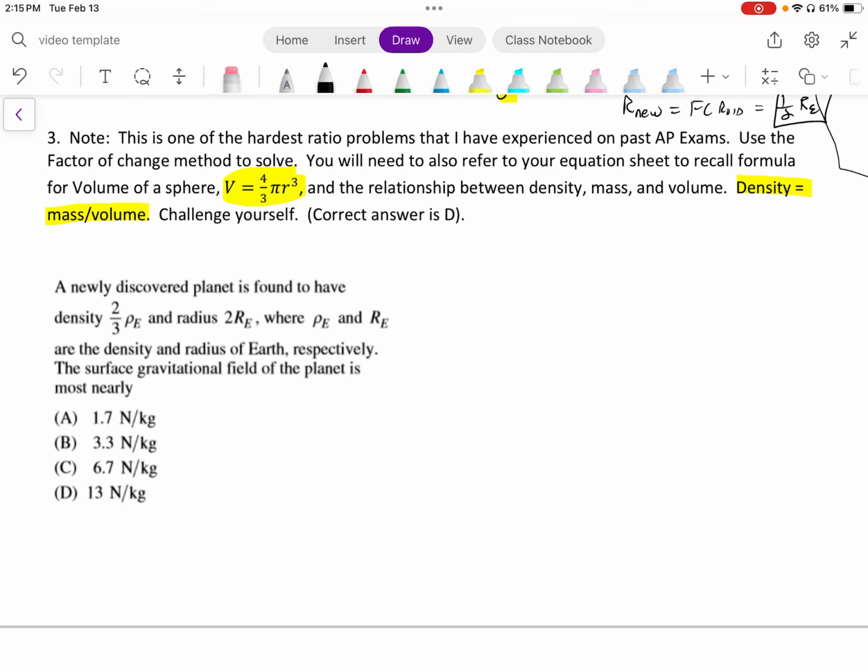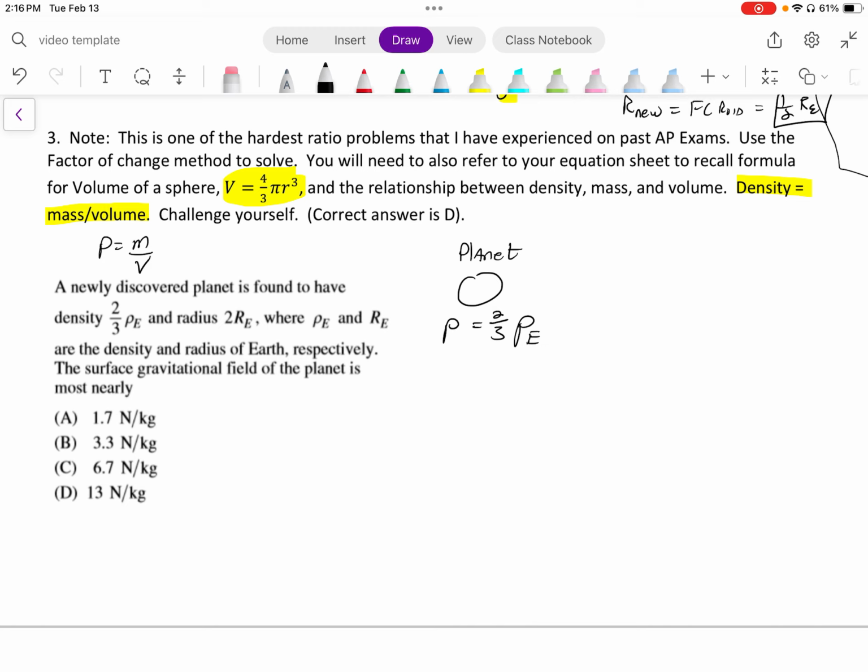We have a newly discovered planet. So here's my planet. It is said to have a density, which, by the way, density is equal to m over volume. That is the equation. It's called rho. It looks like a p, but it's rho, and it is equal to 2/3 the density of Earth.